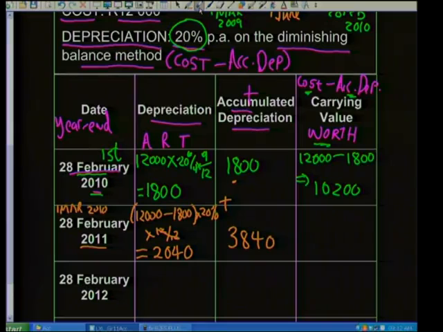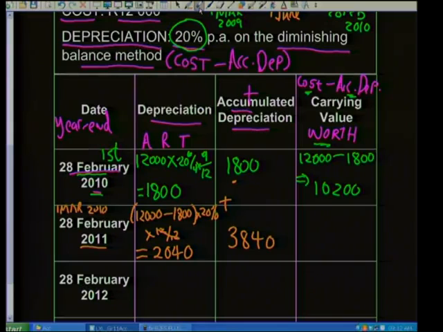Let's now look at the carrying value. What's going to happen to the carrying value? The more I write off depreciation, the carrying value obviously decreases. So my carrying value, it was worth 10,200, but I've obviously written off additional depreciation.